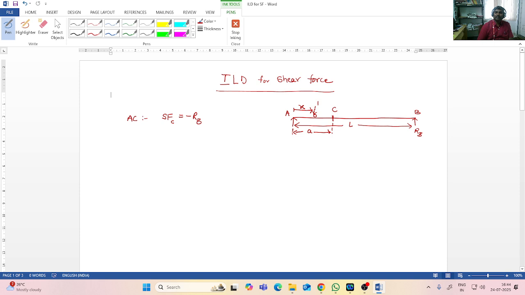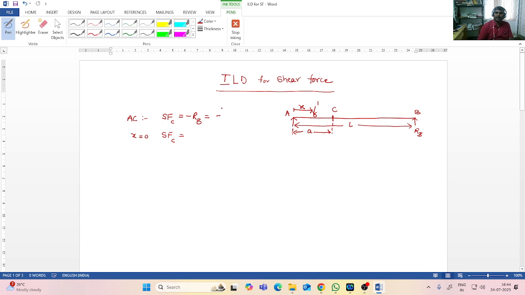Now let us position the unit load at different locations. Say for example, when x is equal to 0, unit load will be placed at A. So in that case, shear force at C is equal to, now you can see here, this is the reaction at B, which we already wrote in the previous lectures.